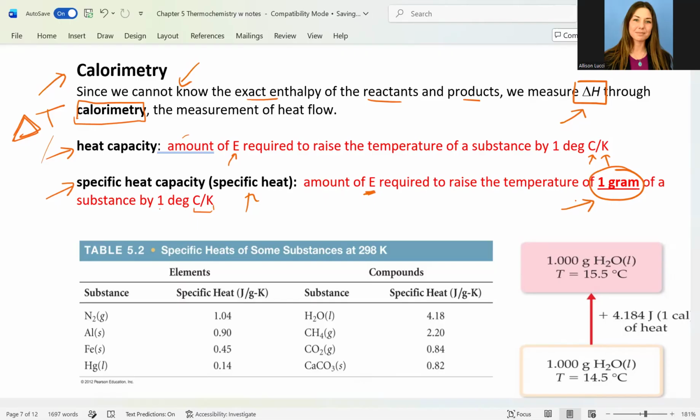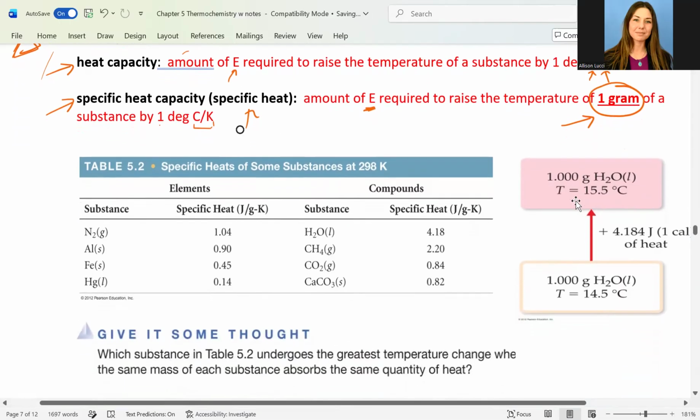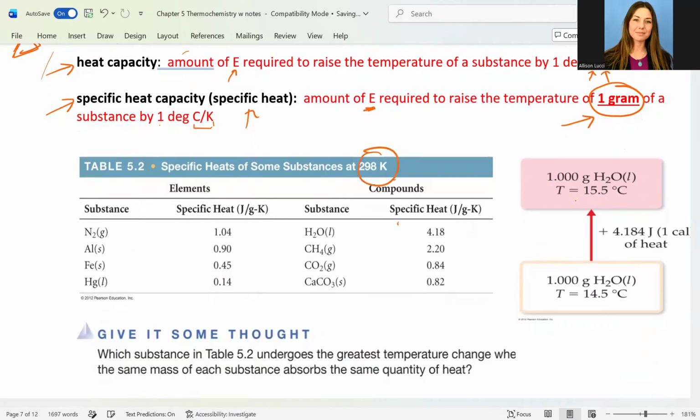There's a table shown here of some specific heats of substances at a temperature of 298 Kelvin. We can see some gases over here, N2, then some solids, some metals, liquid mercury. So all different phases, and some corresponding specific heat values given in the unit of joules per gram Kelvin.